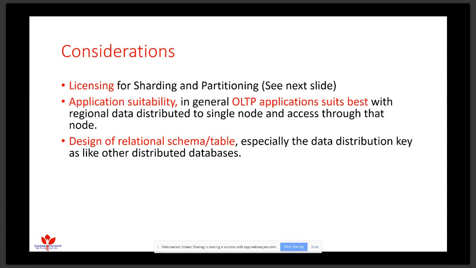So if you have a table, you must specify a distribution key so that based on the distribution key, your data will be partitioned or distributed to the other nodes. Any other NoSQL databases, any other relational sharding databases, must use the distribution key to distribute the data.